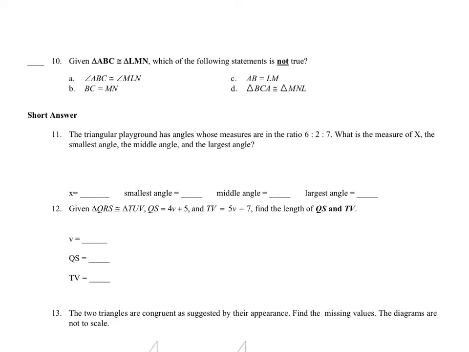Okay, 10. Which of the following statements is not true? If we need to, we can just draw two triangles and label them A, B, C and L, M, N. And again, we would have corresponding angles congruent here.